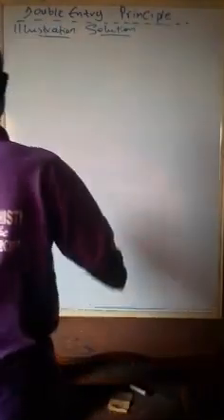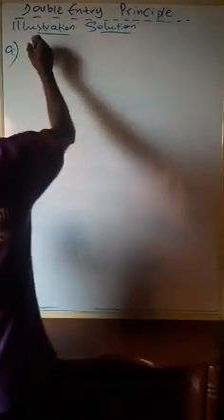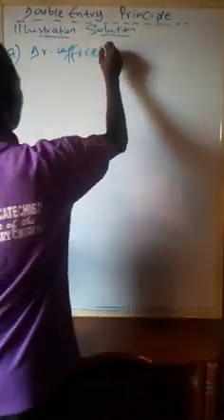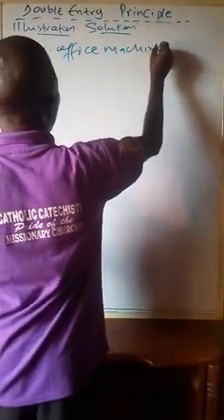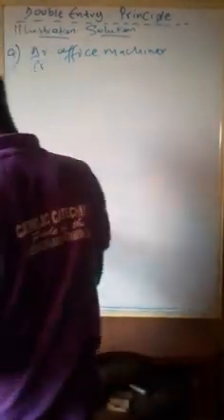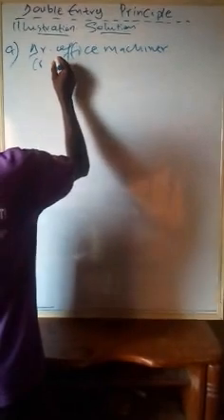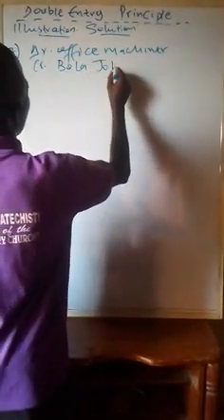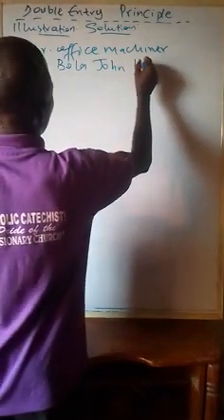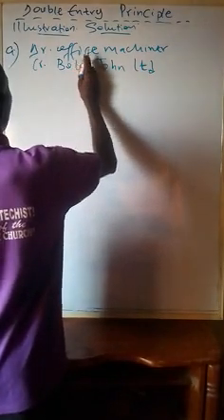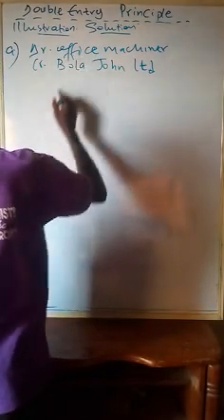Bought office machinery. When you bought office machinery, that means you debit office machinery. From who? From John. That is the credit. Credit Bola John Limited.